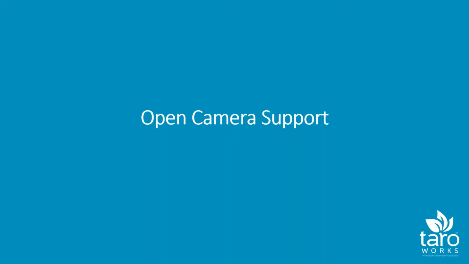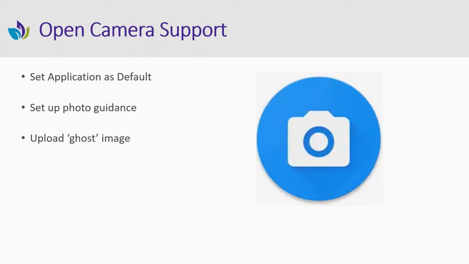With version 6.5, the Open Camera application is now supported with Taroworks. This application allows the user to set up image guidance for the mobile users to take pictures in a specific way. So I'll show you an example of this. Essentially, you would download Open Camera from the Google Play Store.